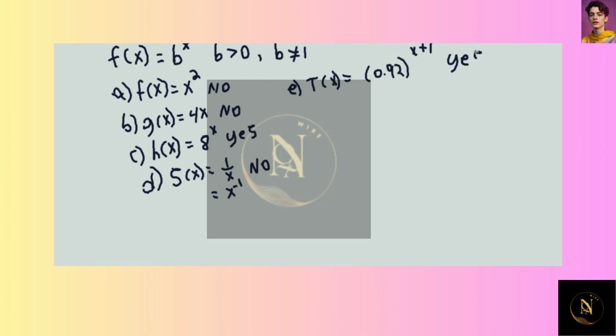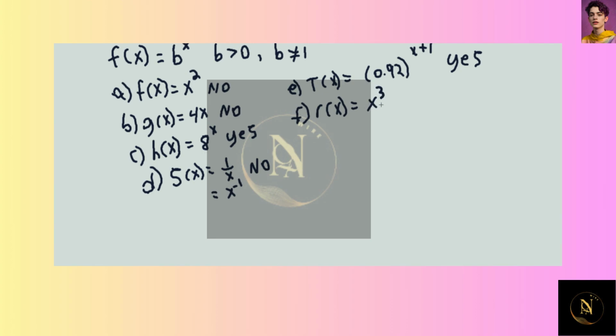All right. What do we have next? So for part F, we have a function r of x. So r of x is equal to x to the third power. So x cubed. Is this exponential?